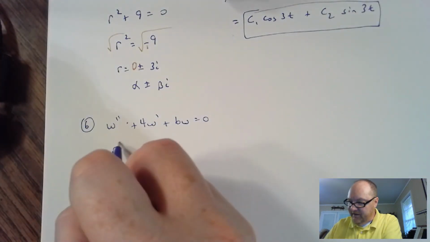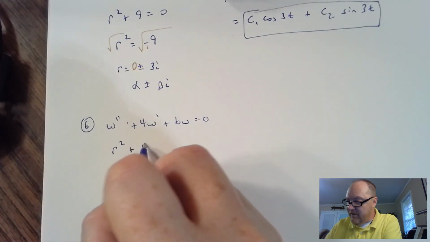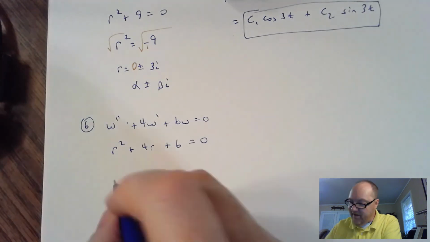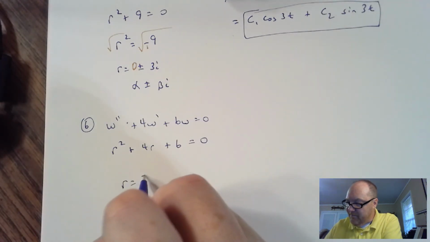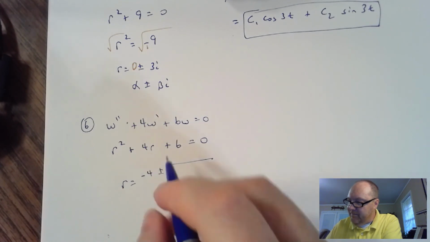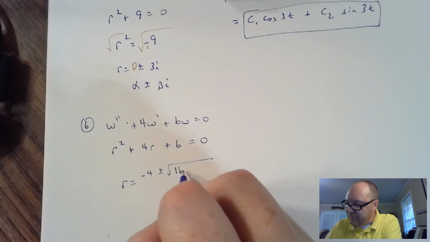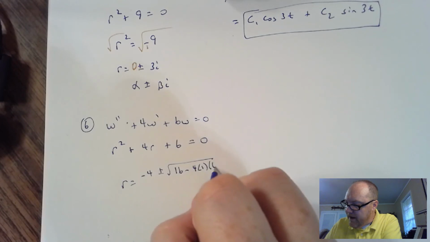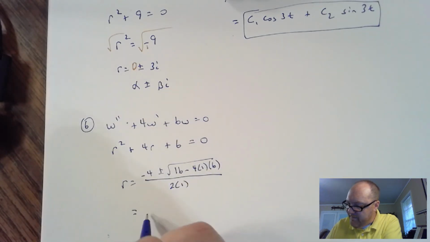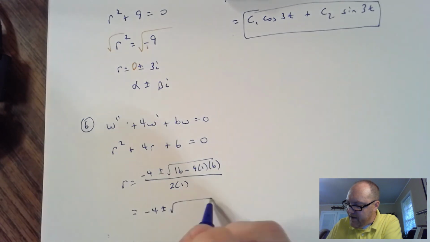And so the characteristic equation looks like r squared plus 4r plus 6. And again, I'm not seeing any way that that is factorable. So let me plug it into my quadratic formula. Opposite b plus or minus the square root of b squared minus 4ac all over 2a. Maybe it'll simplify.